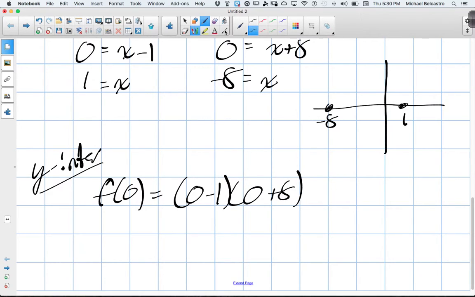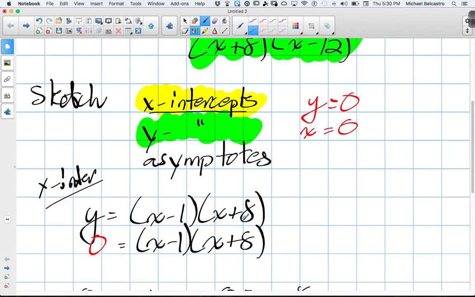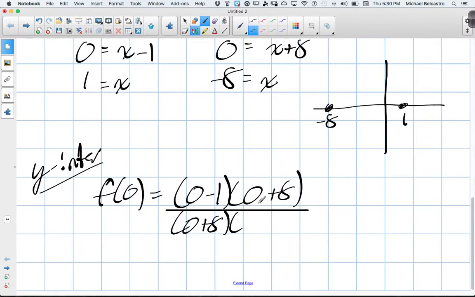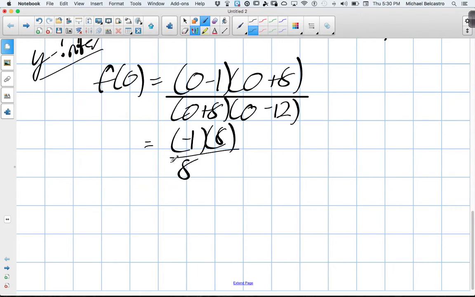Remember, that was the numerator of the rational function from above. And then the denominator is (x plus 8), so 0 plus 8, and minus 12. So 0 minus 12. All we did was replace all the x values with 0. That makes sense? Okay, so we get negative 1 times 8 over 8 times negative 12. Could be tough with all the multiplication, but what's really nice is I have two 8s.